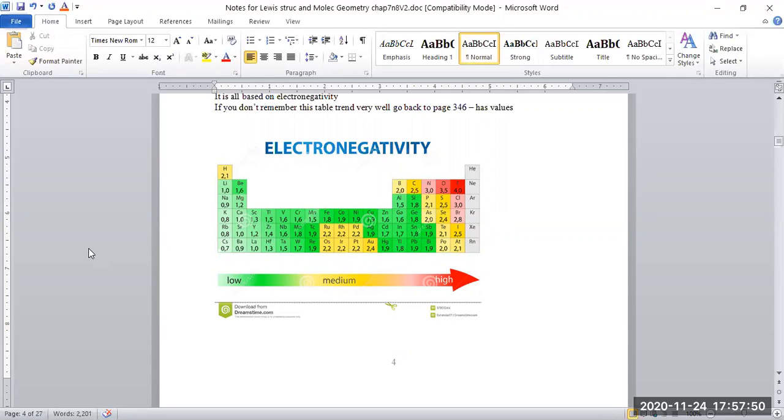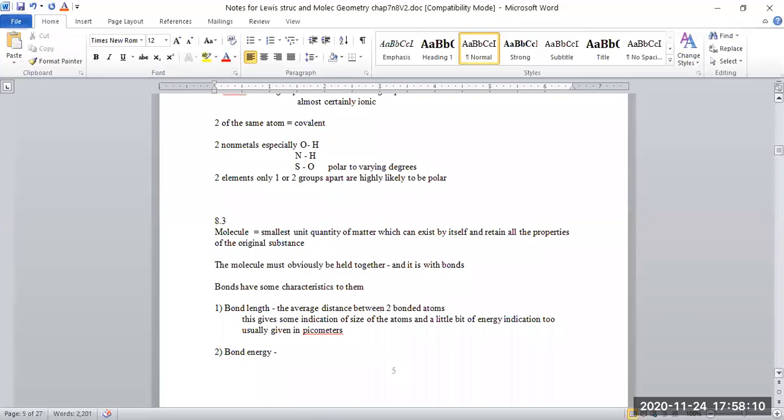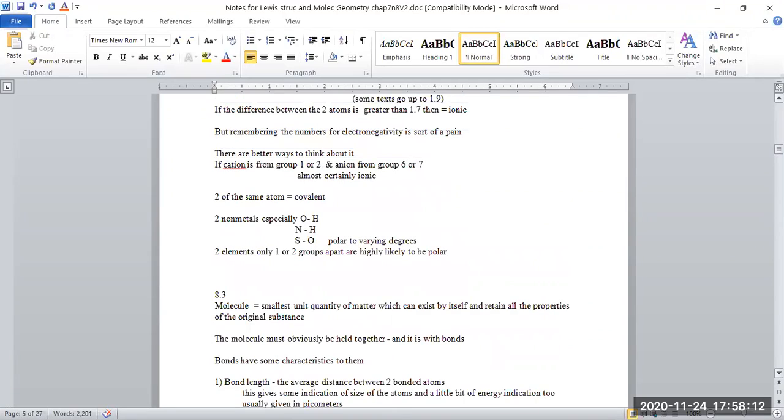Then we look at the other side, especially the column under fluorine: 4.0, 3.0, 2.8, 2.5, 2.1. If you subtracted, you would see a relatively large difference between those two values. So I'm going to scroll back down a little bit here. But just by looking at the periodic table without having the number values available, you can ballpark it.